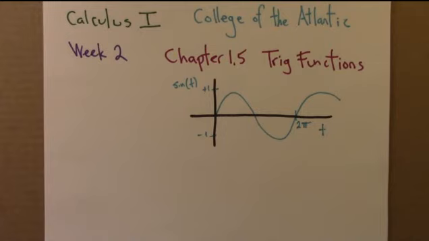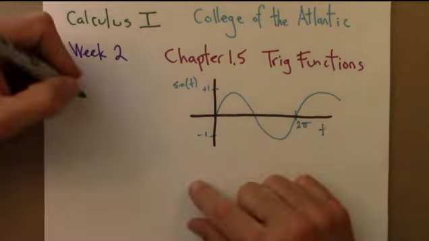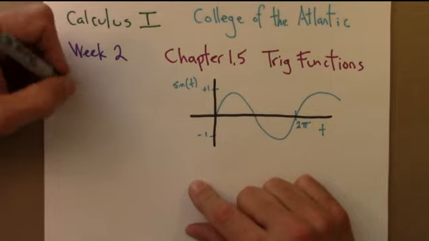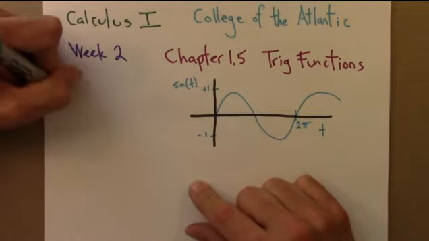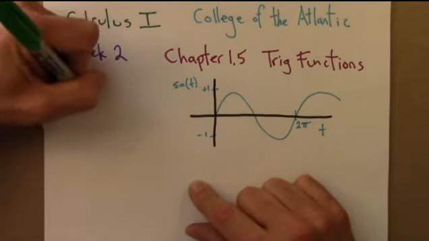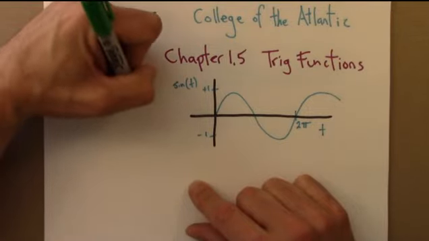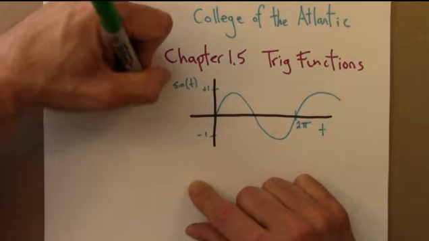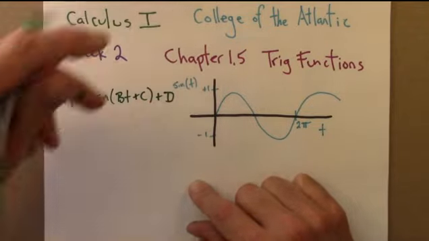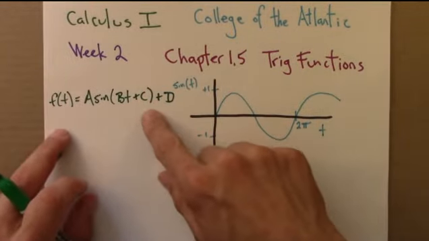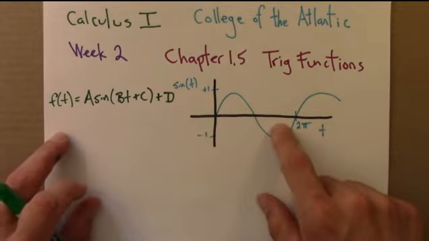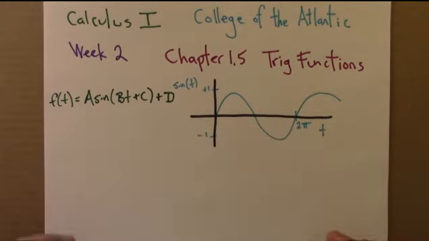But more generally, we could have a function f of t equal to a sine bt plus c plus d. So this green function here takes this blue function and changes it in ways that we talked about in class.